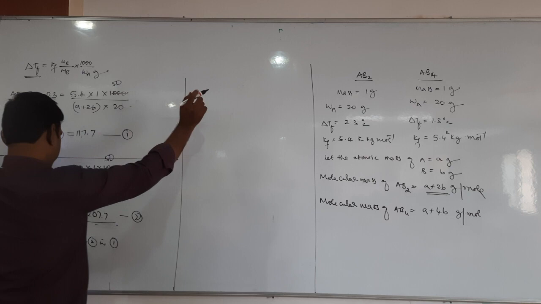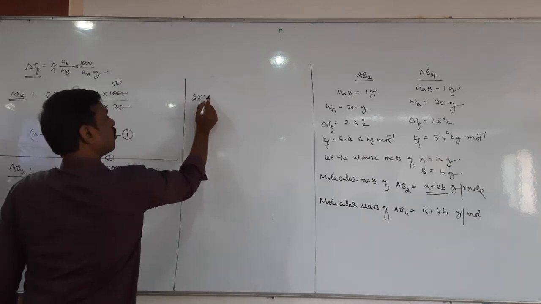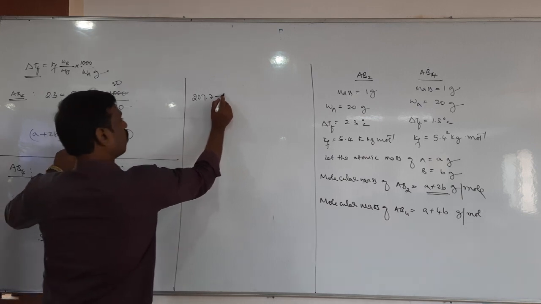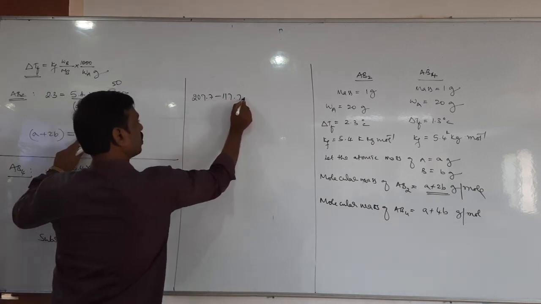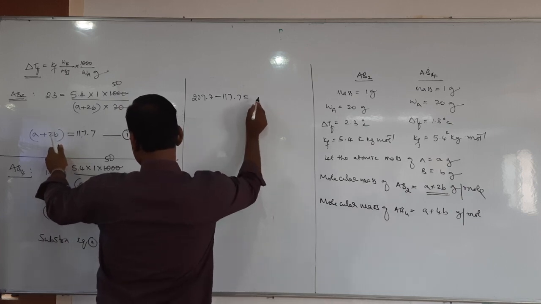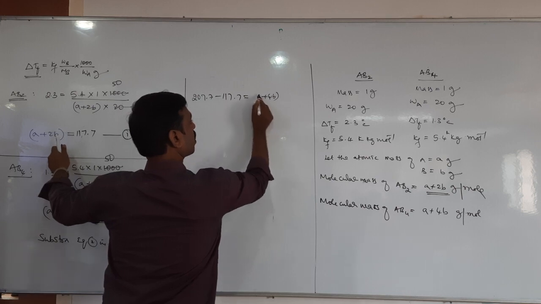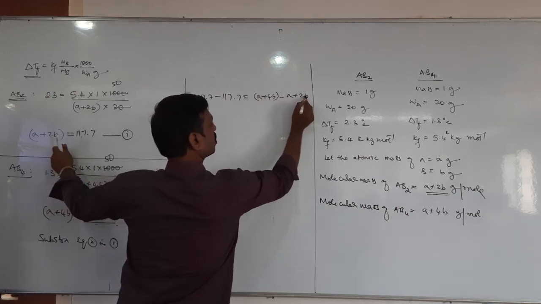Come on, tell me. So equation 2 equals 207.7 minus 117.7, which is A plus 4B minus A plus 2B.